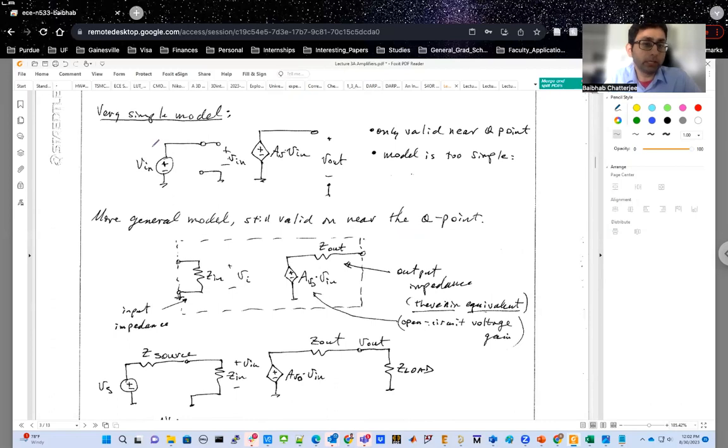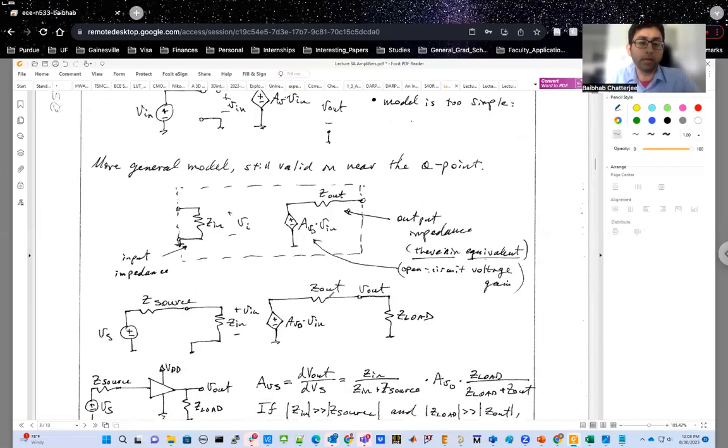And you have already looked into this. The very simple model of this amplifier is just this voltage dependent voltage source, or a voltage controlled voltage source of AV times V in, where V in is the voltage that you supply from your source. But of course, if this amplifier has non-idealities, you can represent that with an input impedance and an output impedance.